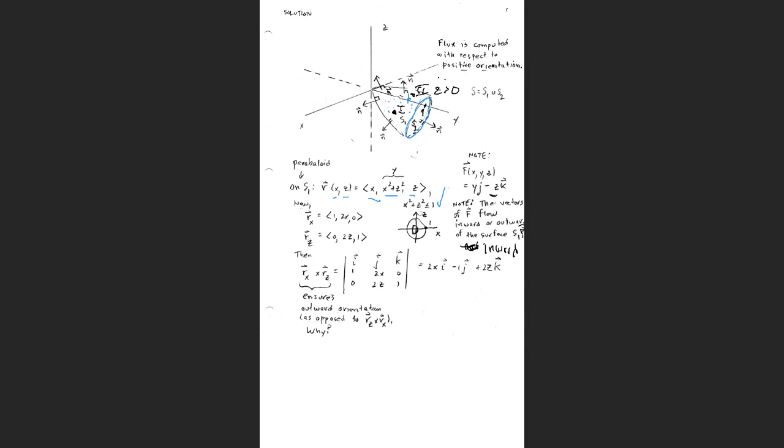So we have to come up with a region D, and our region D is this circle, with radius 1. Are there any questions so far?